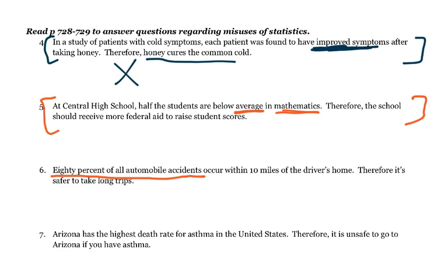Perhaps that person only drives within 10 miles of their house on a daily basis and very, very rarely goes past 10 miles. So if you don't ever go past 10 miles beyond your house, you might never have an accident that occurs beyond 10 miles past your house. So that's not necessarily enough information to make this conclusion. This statistic is asking us to come up with an inaccurate conclusion. That's been happening with all of these. We're being asked to make inaccurate conclusions based on missing information within our statistics.